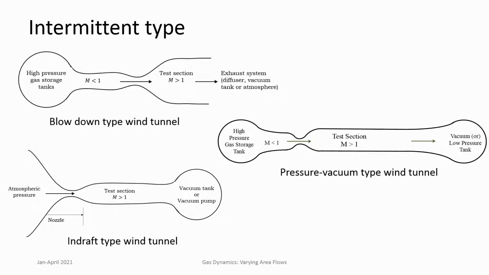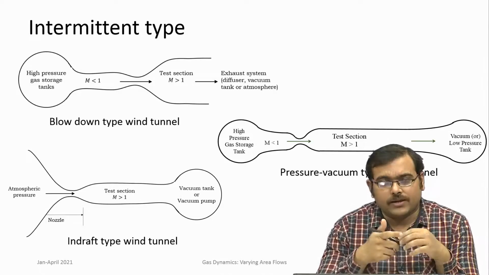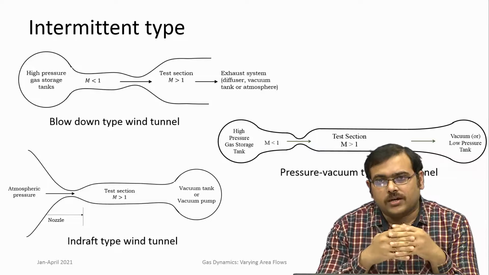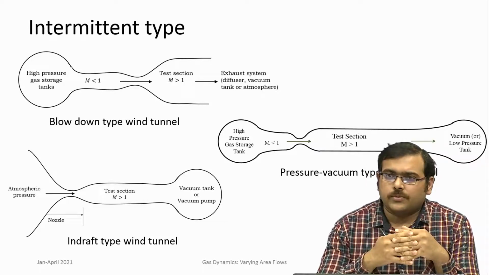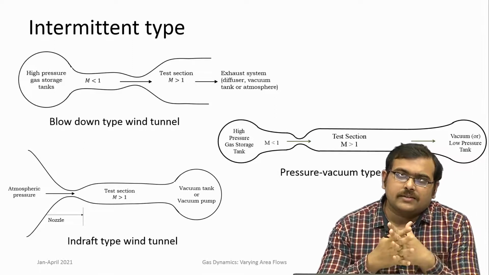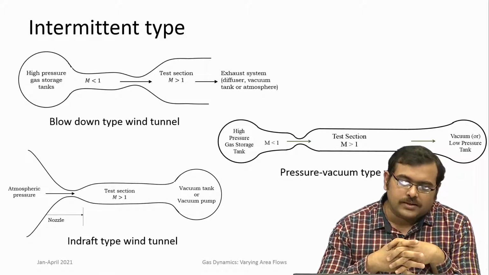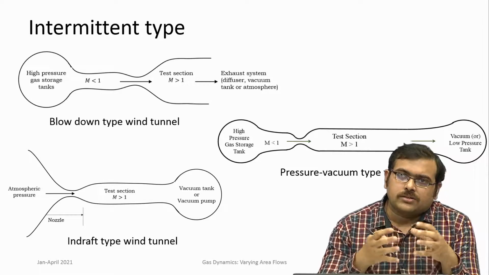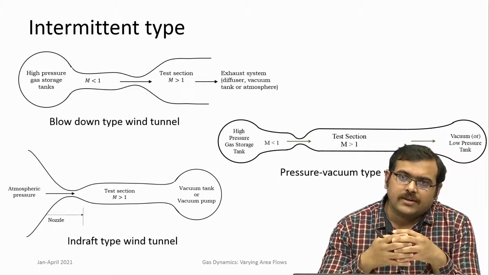Now, the amount of energy required to run such continuous facilities for long times is very huge. So, as a consequence, most places usually have an intermittent type of wind tunnel, where they have large high pressure tanks.